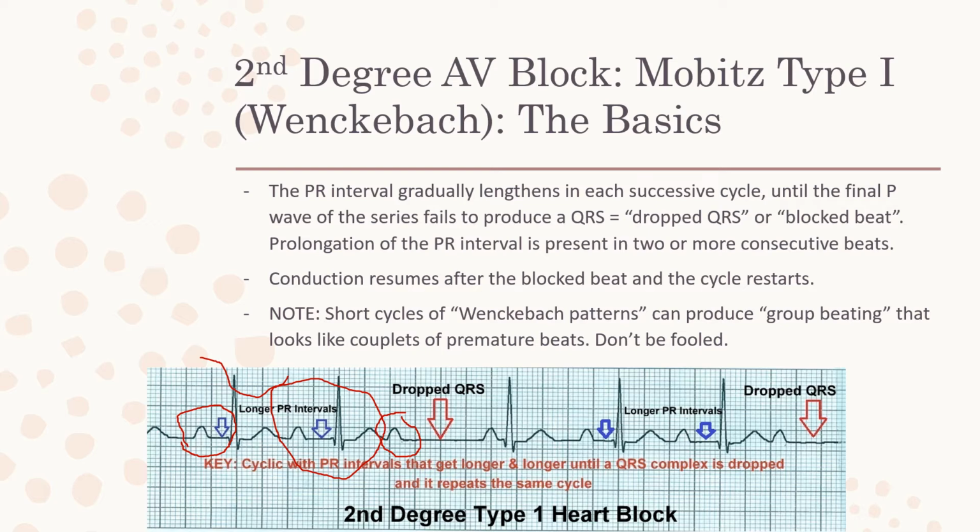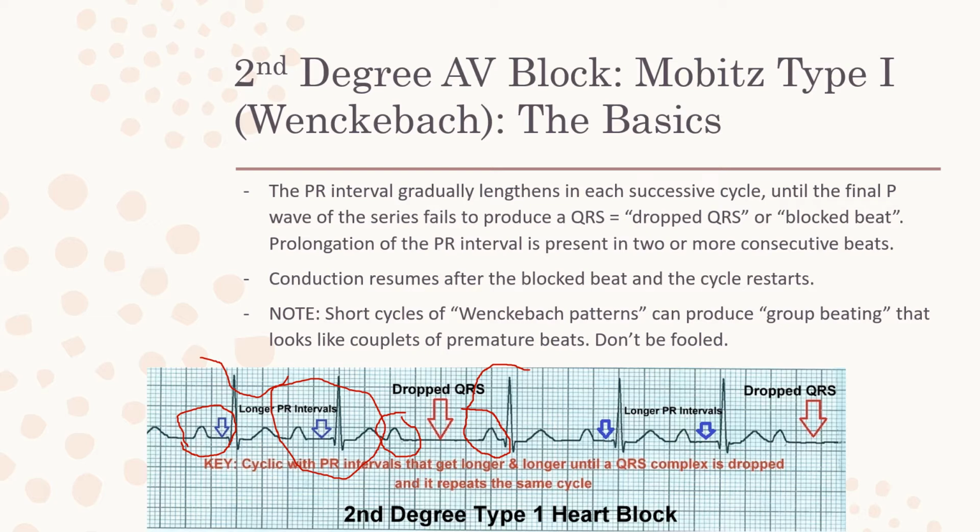So it's cyclic with PR intervals that get longer and longer until a QRS is dropped, and it repeats the same cycle. As you can see, it starts back up again over here. We've got this really small PR interval. See how short it is? It's normal, but it's short again.